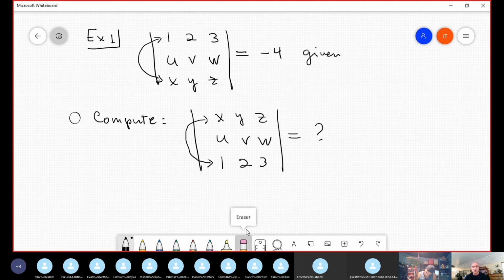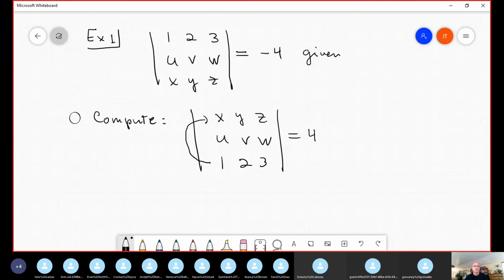Therefore, using property number 1, the answer is positive 4. Because it's the same determinant, but somebody interchanged two rows. So the same value.